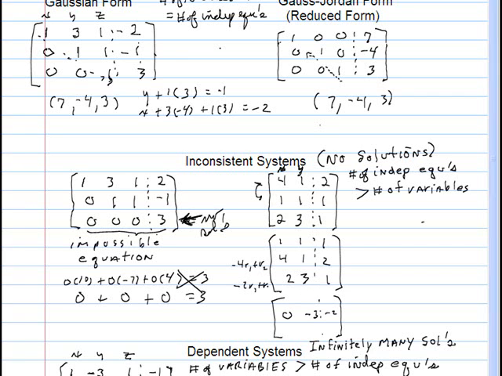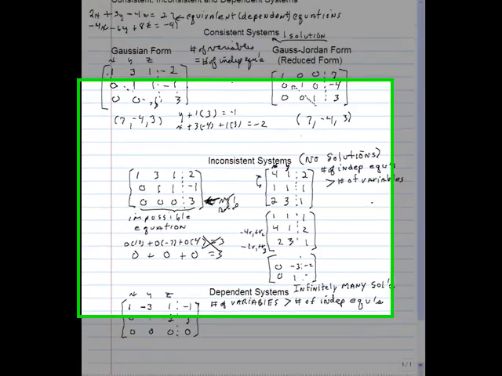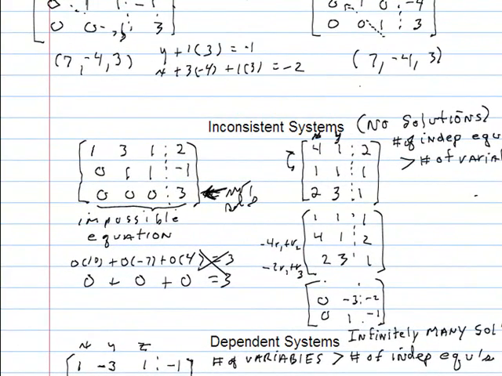In the -2 row 1 plus row 3, -2 times 1 is -2 plus 2 is 0, -2 plus 3 is 1, and -2 plus 1 is -1.